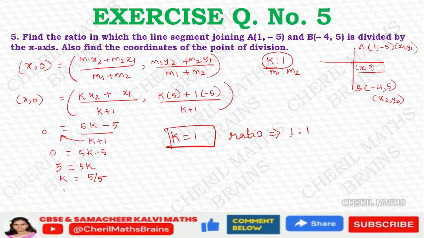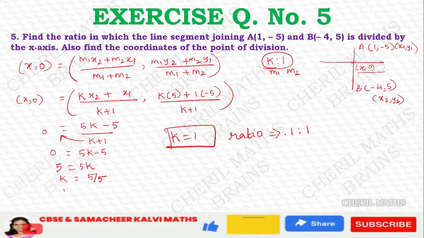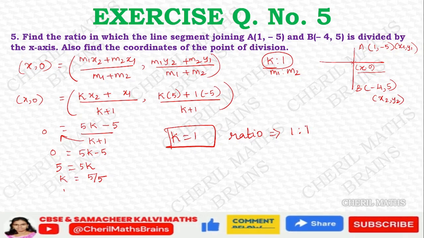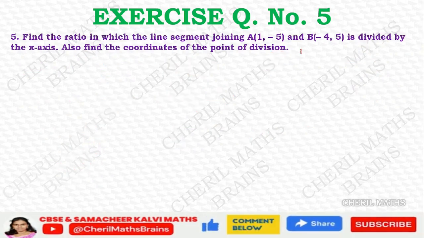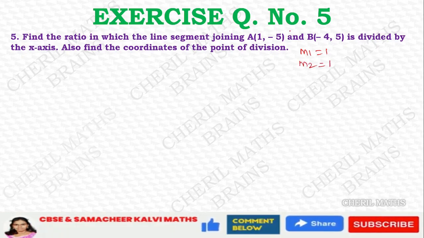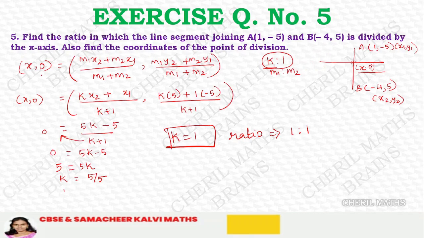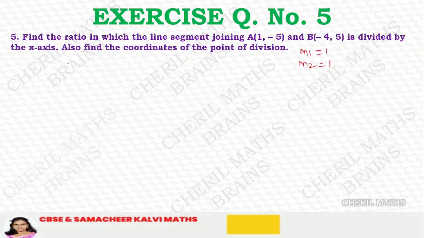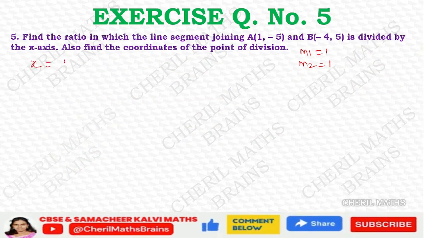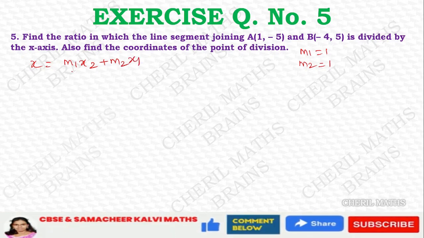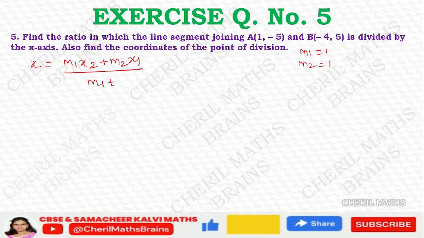Now we know the values of m1 and m2 also. So we have all the values: m1 is 1, m2 is also 1, and now we can work with x. If we know the point for x alone, we can very easily find the coordinates. So for x, our formula is m1 x2 plus m2 x1 divided by m1 plus m2.